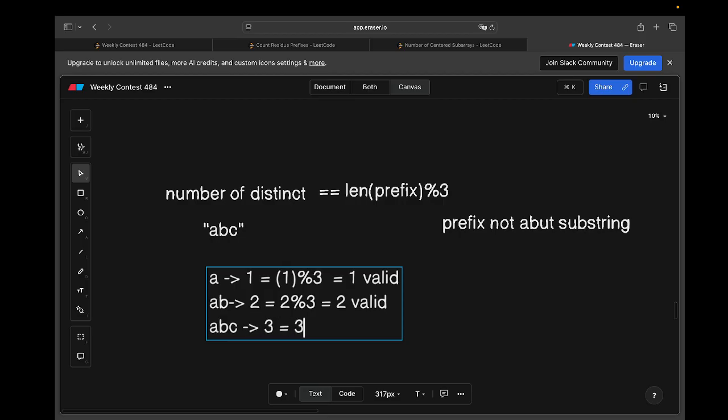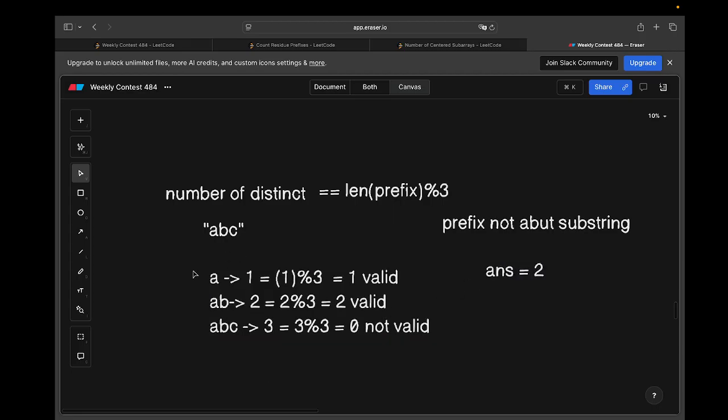If we do 3 mod 3, it becomes 0, so it is not valid. So in this case the answer is 2, because we found two residue prefixes over here, not substrings, prefixes. So this is the problem which they are asking us to solve.